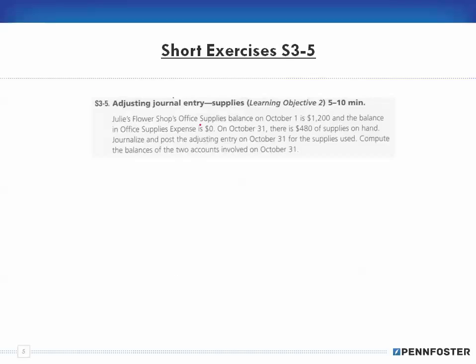Julie's Flower Shop office supplies balance on October 1st is $1,200, and the balance in office supplies expense is $0. On October 31st, so let's create a couple of T accounts here. So I have office supplies, and on October 1st, that balance is $1,200.